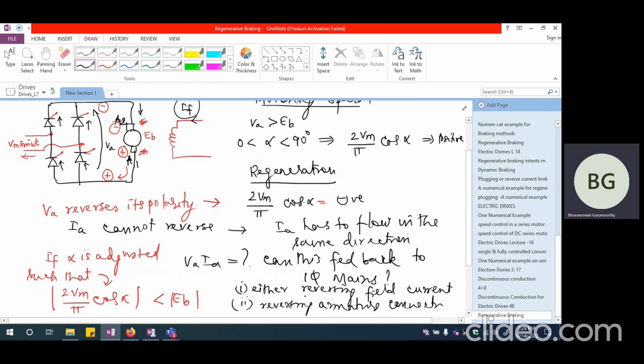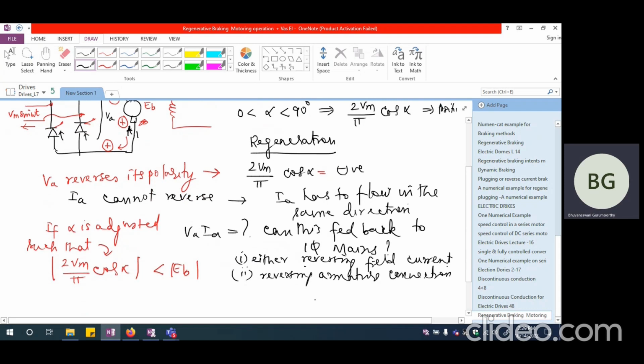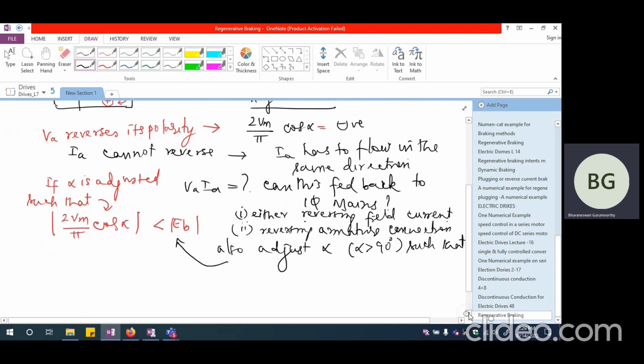And simultaneously, I have to adjust alpha. Alpha, of course, has to be greater than 90 such that this condition is satisfied, that is, 2 Vm by pi cos alpha magnitude is less than EB. In that case, it can work in regenerative braking mode.